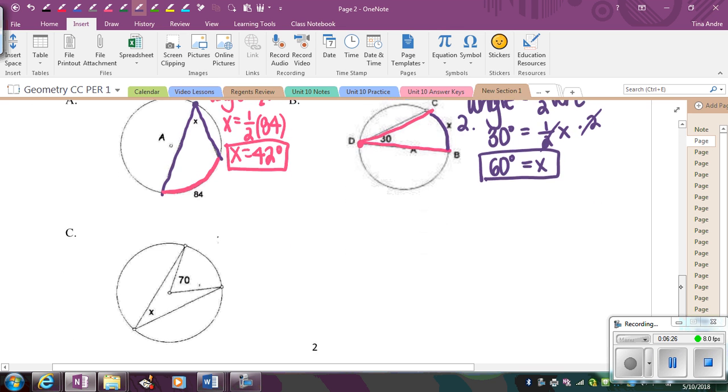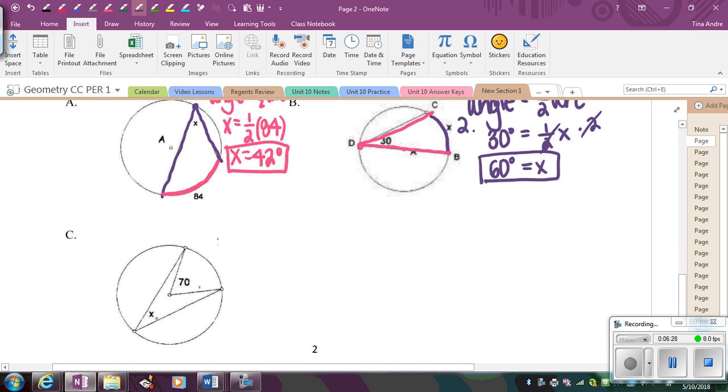And then the last example here: we're trying to find angle x. The vertex of angle x is on the circle. It's cutting into this arc right here. If it's an on angle, the angle is equal to 1/2 of the arc.